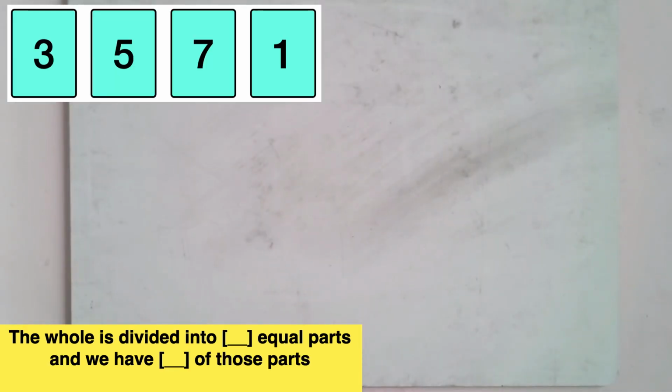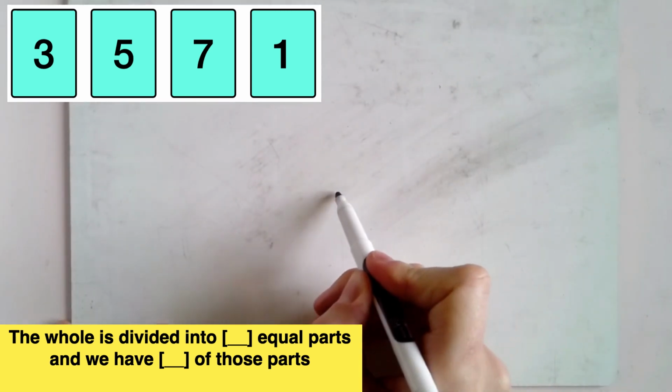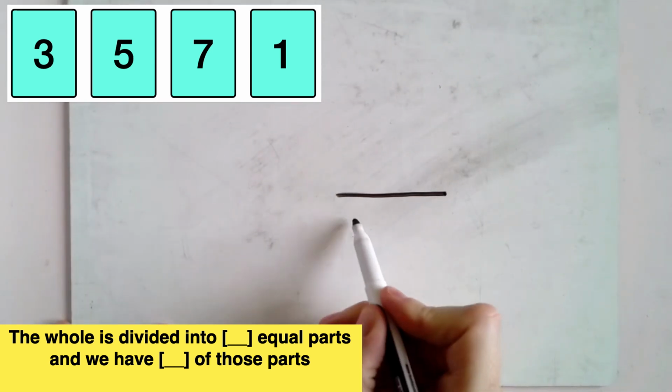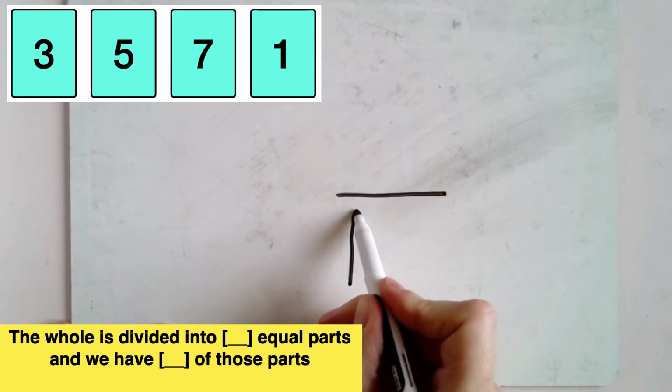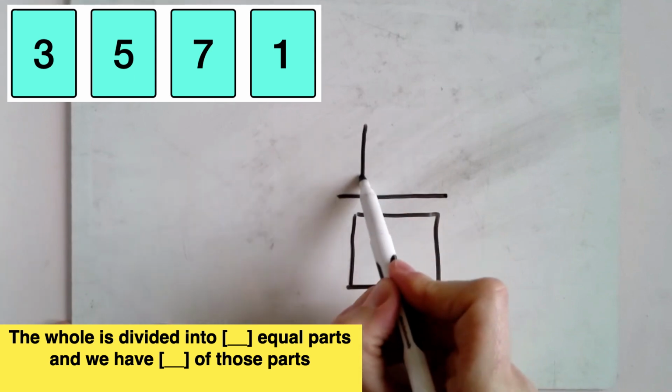Right, the solve it for today. We should have 4 numbers on the screen which we can see. Now, our challenge for today's solve it is to find as many fractions as we can using those numbers. So we know a fraction needs a denominator on the bottom, and it needs a numerator on the top.